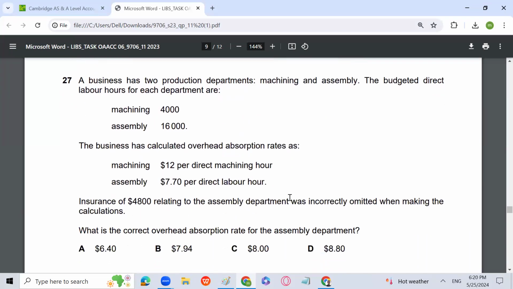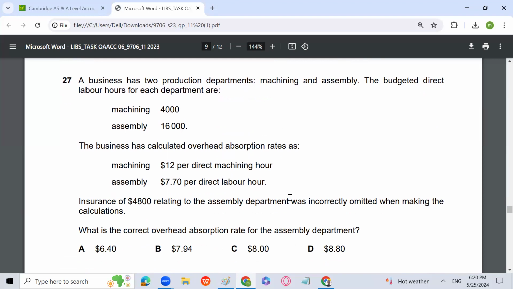A business has two production departments, machining and assembly. The budgeted direct labor hours for each department are machining 4,000, assembly 16,000. The business has calculated the overhead absorption rate: machining $12 per direct machine hour, or 7.7 per direct labor hour. Insurance of 4,800 relating to the assembly department was incorrectly omitted when making the calculation.